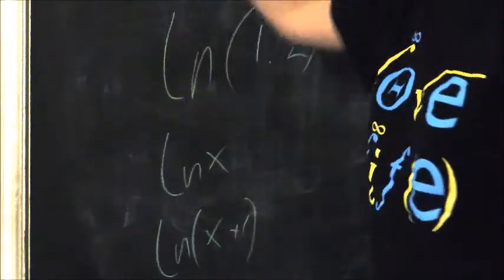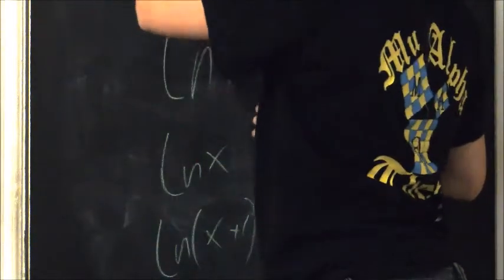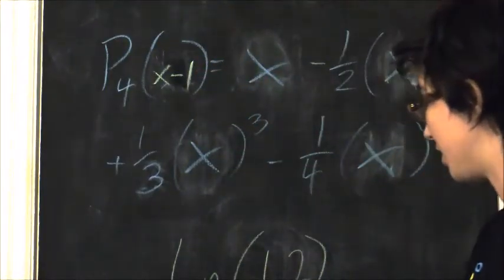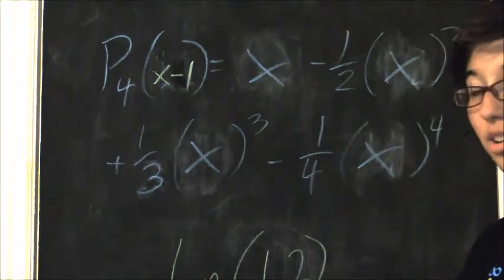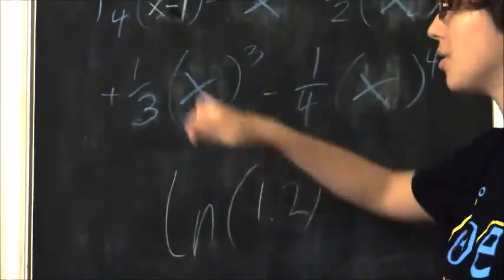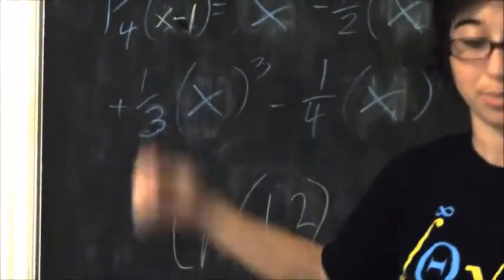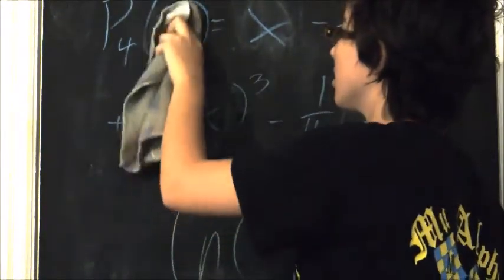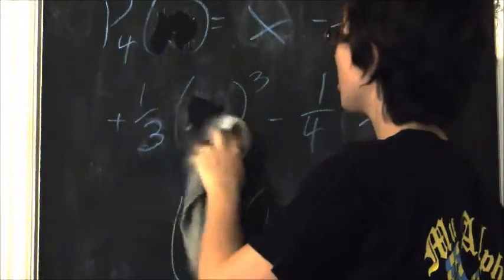So this polynomial is actually for x minus 1. When we plug in the 1.2 as our x, it should be 1.2 minus 1, which is just 0.2. So we plug in the 0.2 into where the x's are.